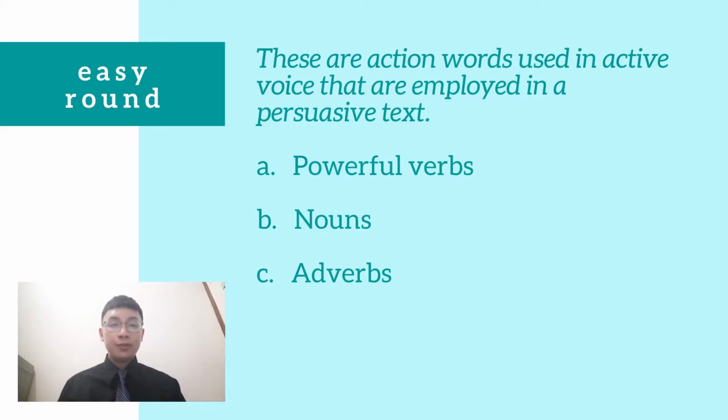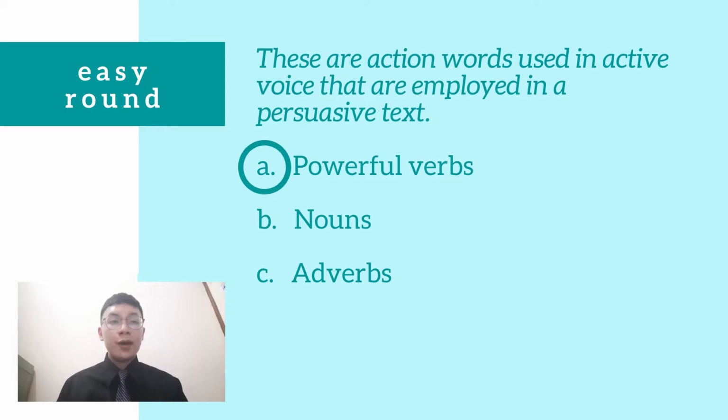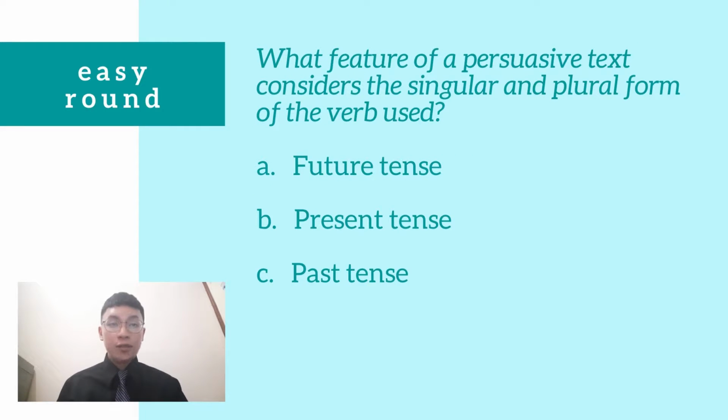Question number 4. These are action words used in active voice that are employed in a persuasive text. A. Powerful verbs. B. Nouns. Or C. Adverbs. The correct answer is A, powerful verbs. Last easy question.